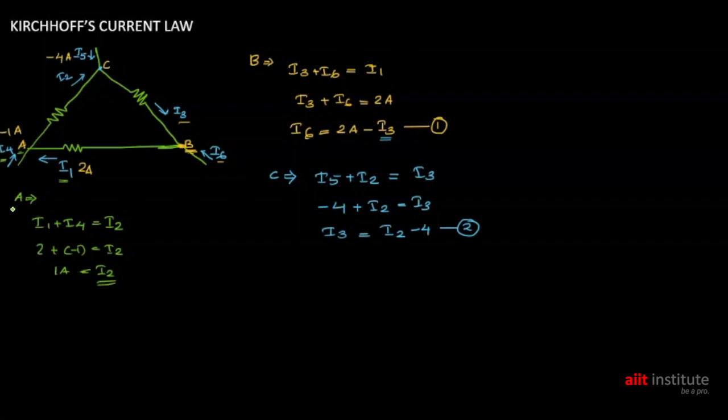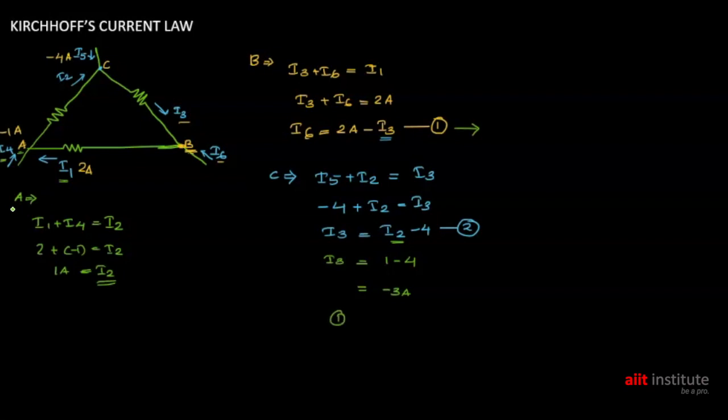So we have to put the value of I2 in equation 2. Then I3 becomes 1 minus 4, which means we get I3 as minus 3 amperes. This value of I3 we have to apply in equation 1.